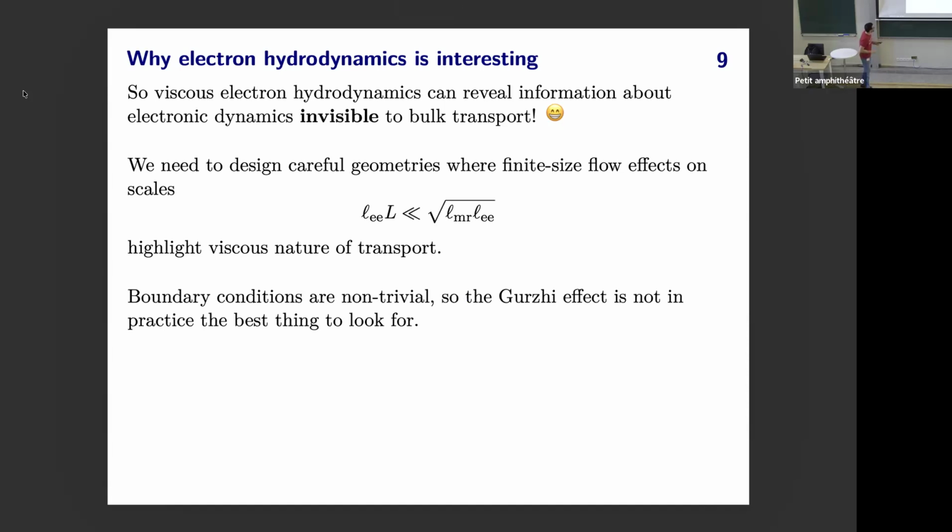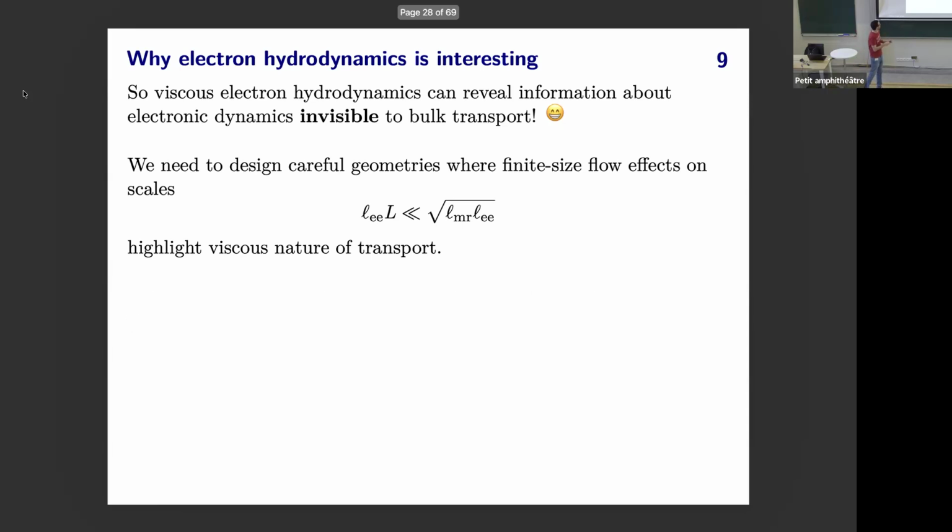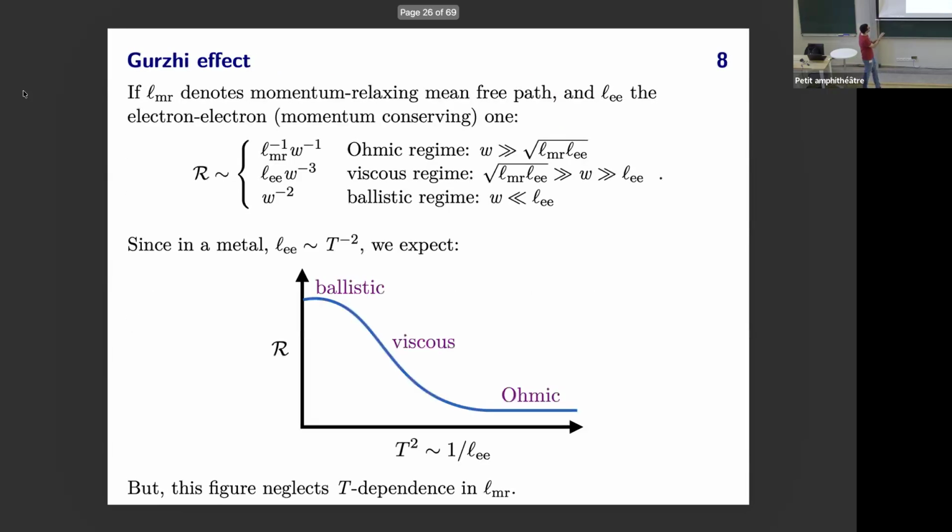As I'll discuss, I think the cleanest experiments don't just directly look for this Gurzhi effect. One reason for this is that boundary conditions are a bit delicate. We didn't talk about that, but in a real experiment, if we don't have perfect control over what the boundary conditions are, then some of these predictions can be a little bit messy.